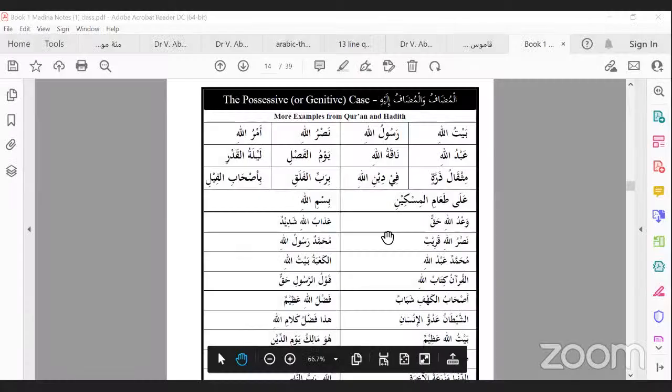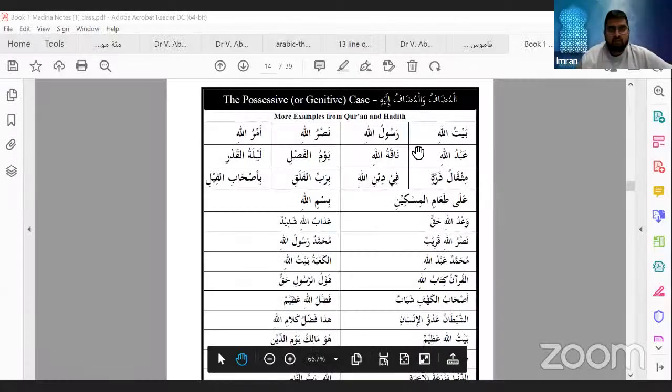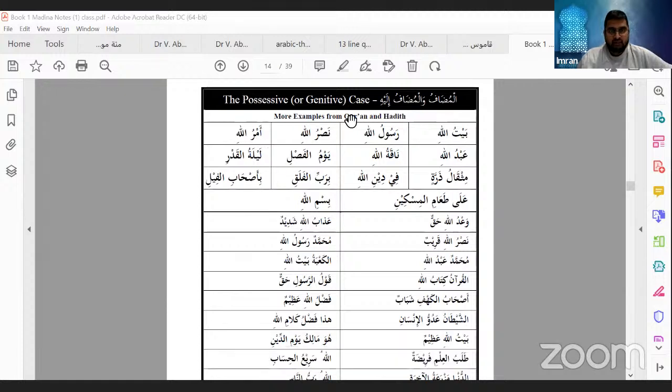Let me just change the slide. So in these examples, can you tell me examples of mudaf, mudaf ilayhi on top? A few of them, that'll be fine.